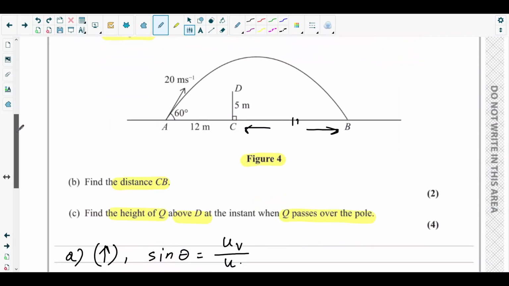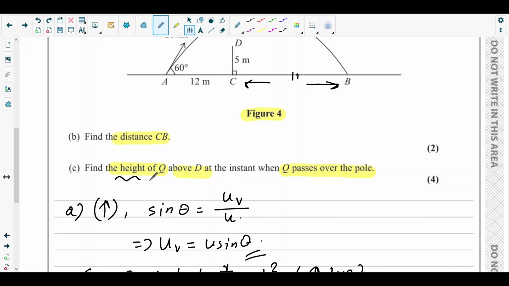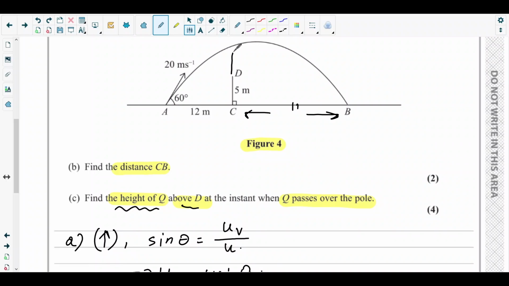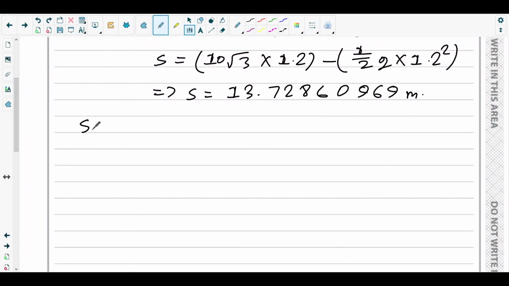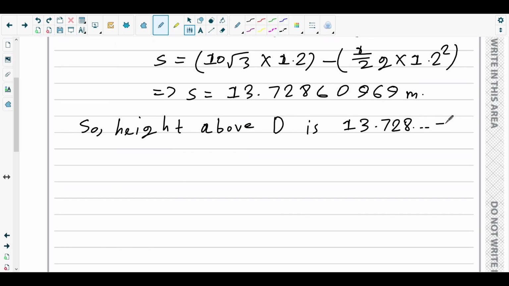The question has asked to find the height of Q above D, above the pole. So the height above D is the vertical displacement, 13.7286, minus the height of the pole CD, which is 5 meter.